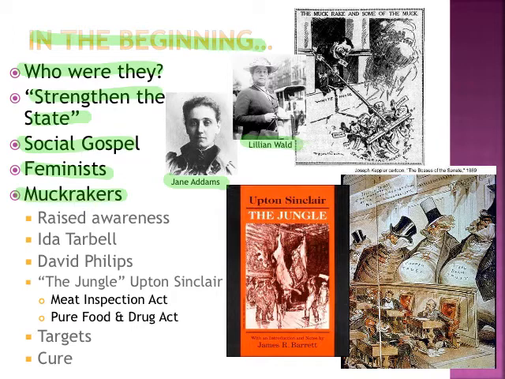For instance, if a muckraker is writing an article about the horrible living conditions in slums, they will go live in the slums and write their personal experience. If they're writing an article about the dangerous workplace conditions in the factories, they'll go get a job and work in the factories and then write an article about it. So they experience things themselves.